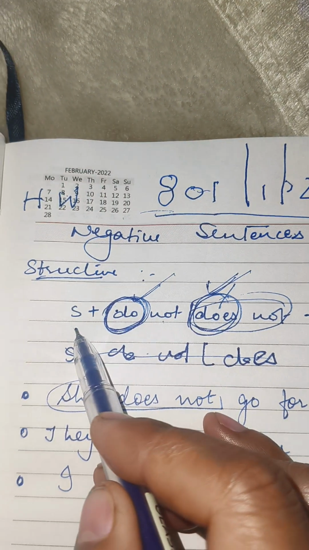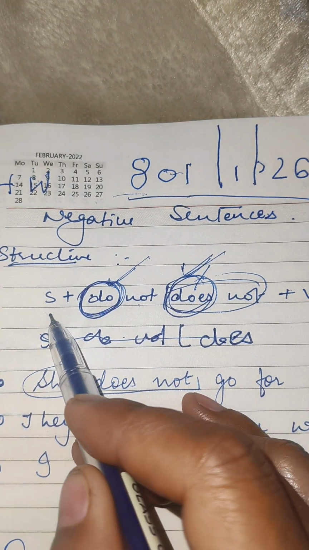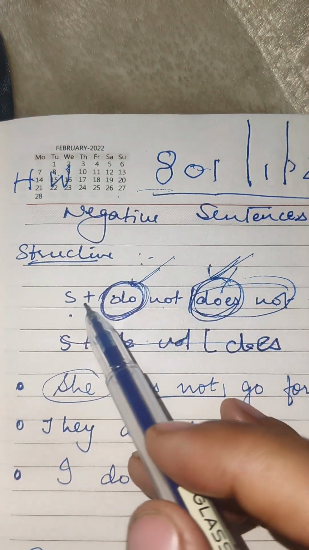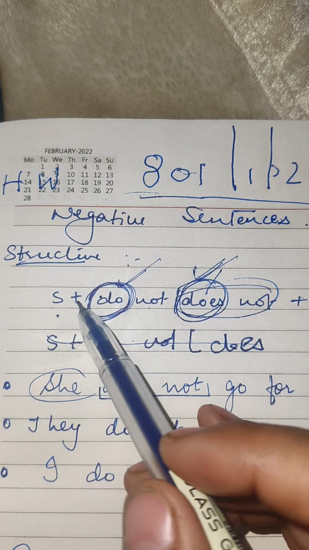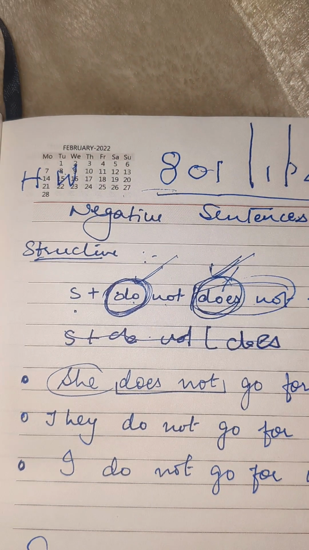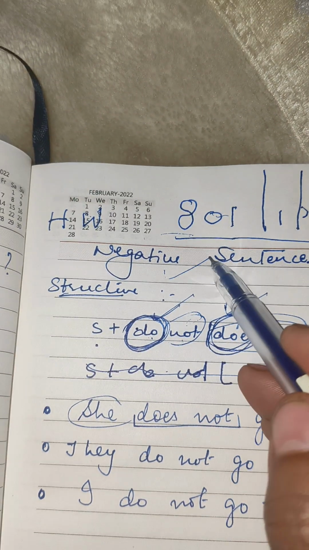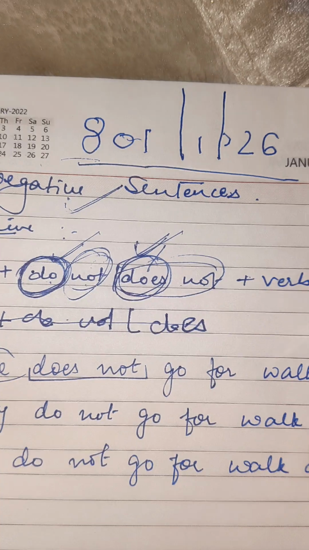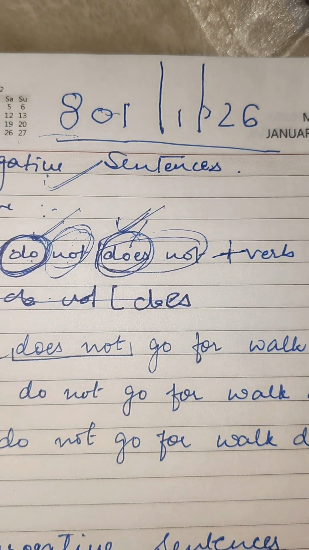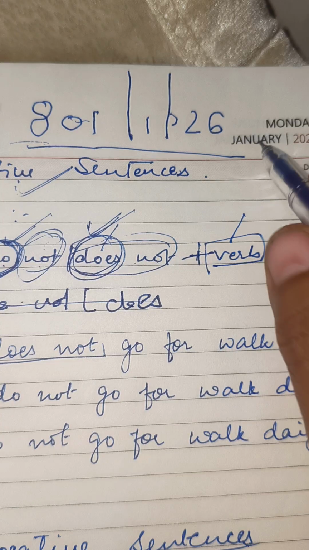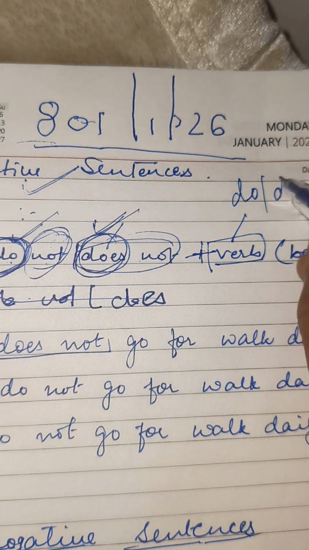First of all, we use the subject, that is the doer of the action, who performs the action. Then we have do not or does not. As we are talking about negative sentences, not is a must here. And after that, the verb, that is the base form of the verb. We only use the base form of the verb with do and does.